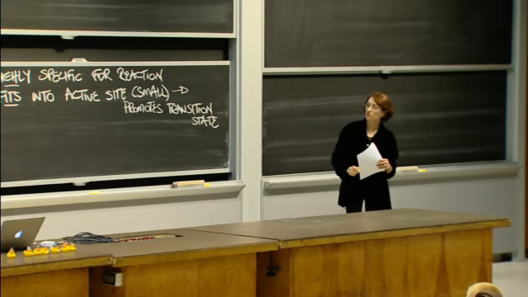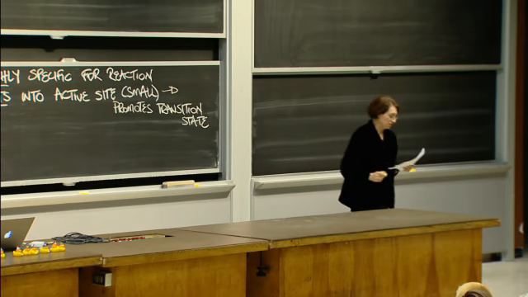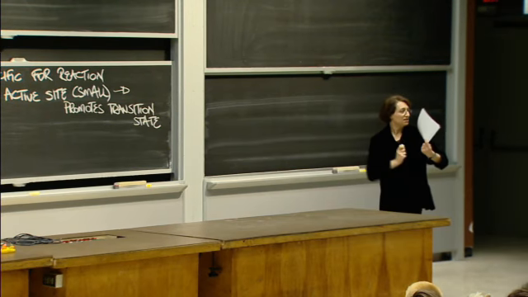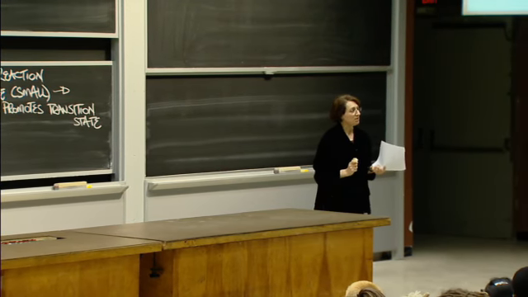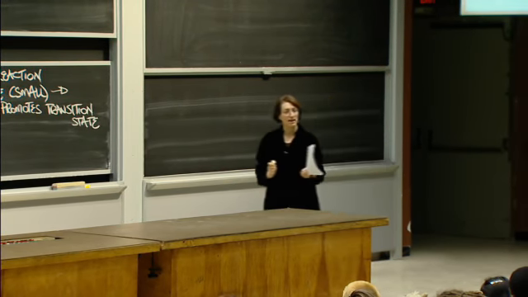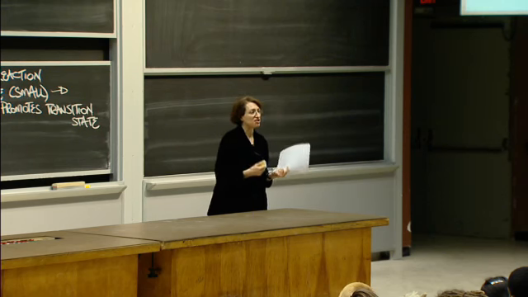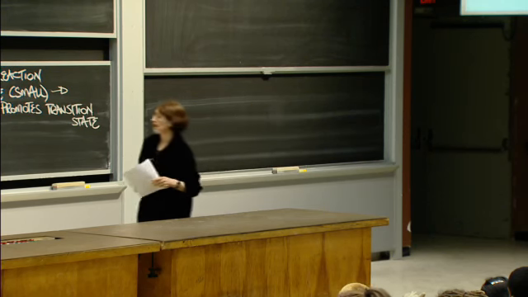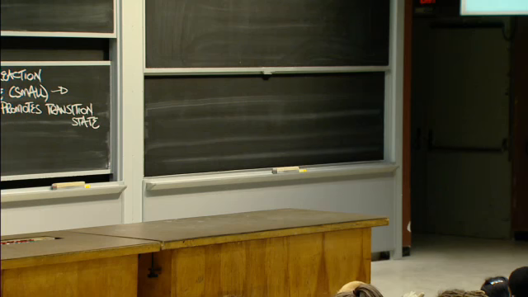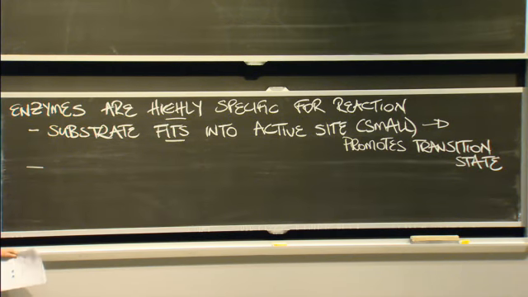How does it promote the transition state? Well, you can think physically it might change the shape of the substrate to make it higher energy. You could imagine it adds charge. You could imagine it adds particular orientation between two substrate molecules that happen to be in the active site, or it might align the substrate in the correct way.